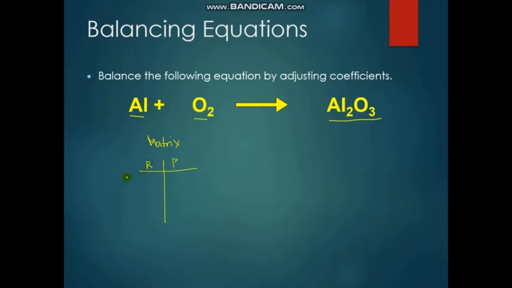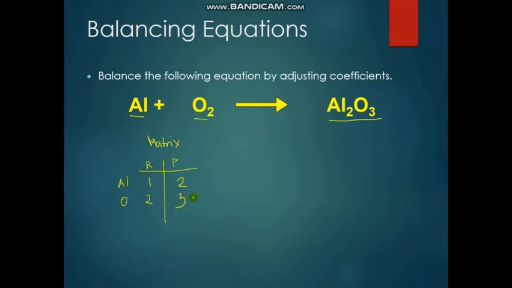So we have aluminum and oxygen. In the reactant side, we have one aluminum, and then we have two oxygen atoms in an oxygen molecule. And then in the product side, we have two aluminum and then three oxygen atoms.